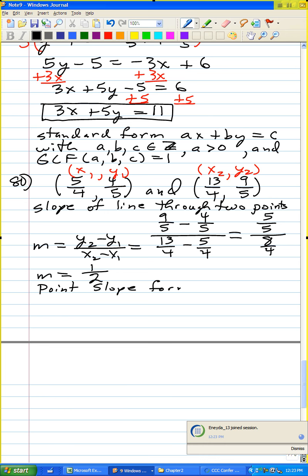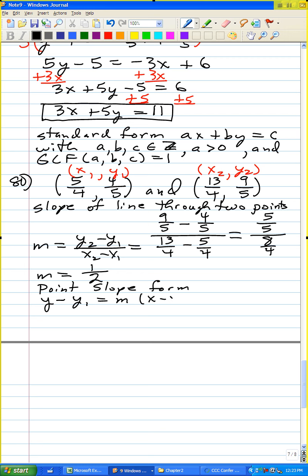For the equation of a line, y minus y1 equals m times x minus x1. And so y minus y1, 4/5 equals m, 1/2, x minus x1, 5/4.